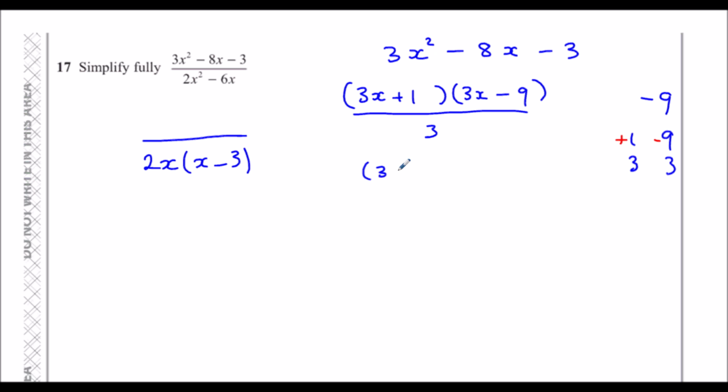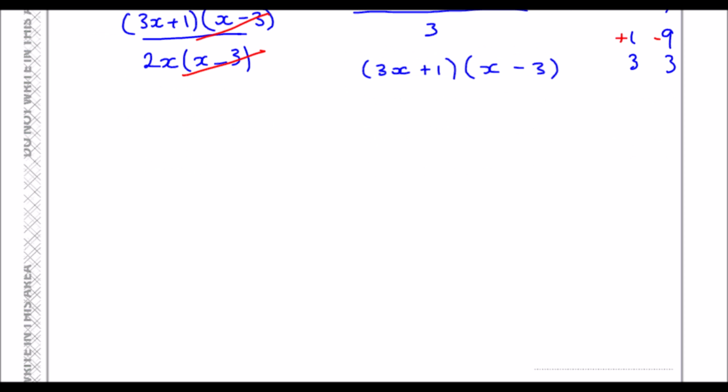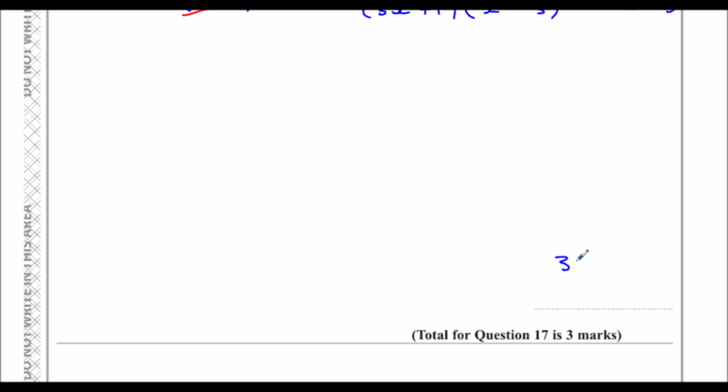So I'm going to have 3x plus 1, and the second bracket divided by 3 is x minus 3. Top and bottom have both got an x minus 3, so I can cancel them off, which leaves 3x plus 1 over 2x.